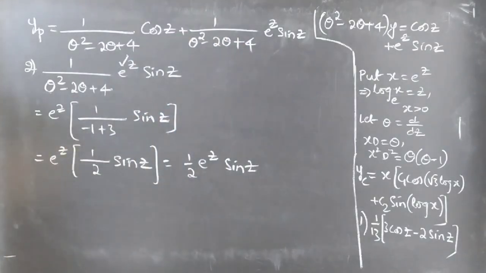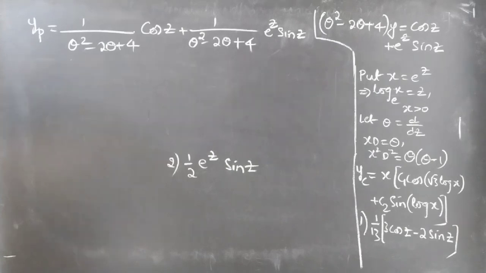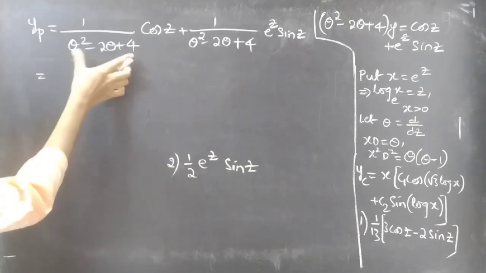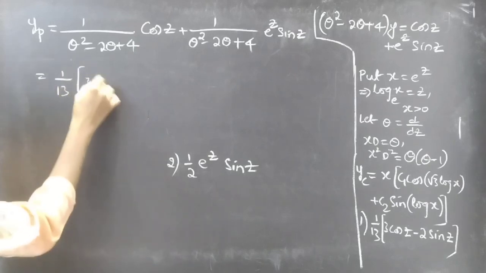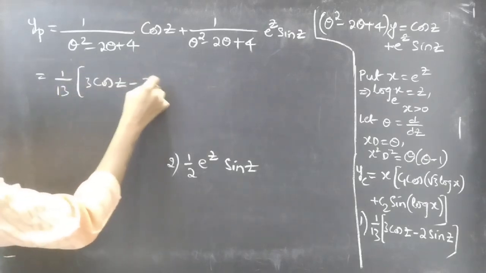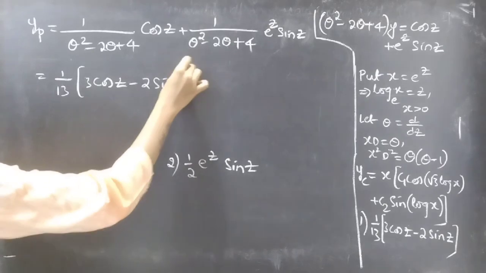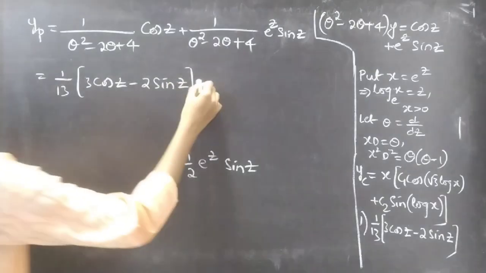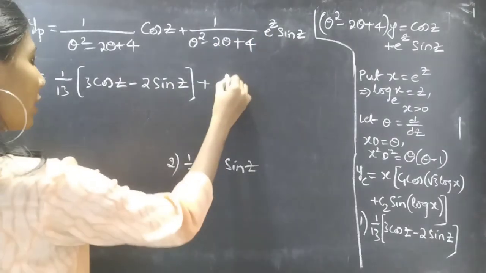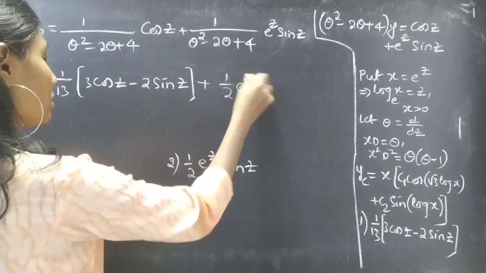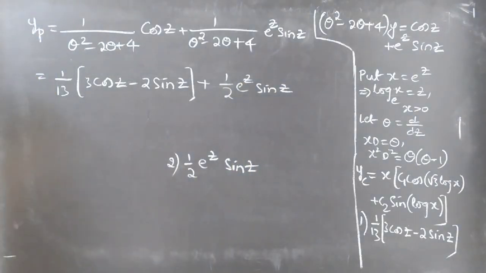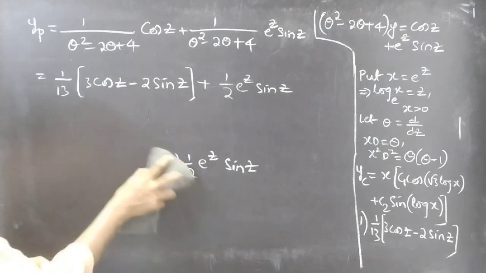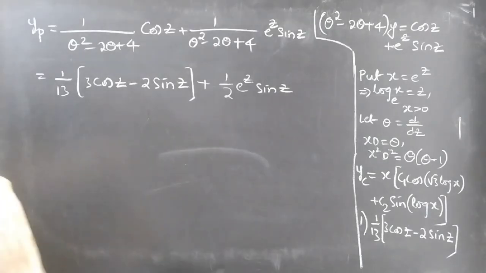Now coming to yp. Yp becomes the result obtained from the first term, 1 by 13 into 3 cos z minus 2 sine z, plus the result obtained from the second term, 1 by 2 e power z sine z. We have yp in terms of z, right? But we need to write it in terms of x.